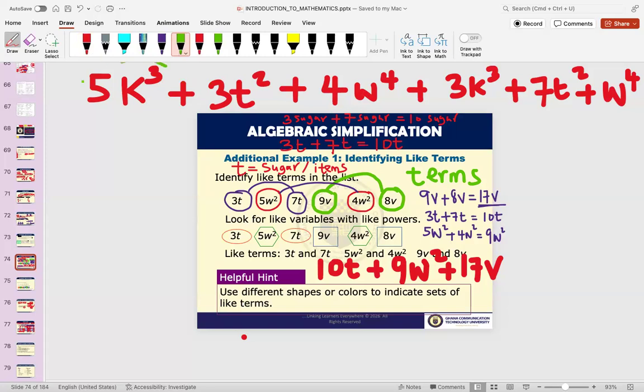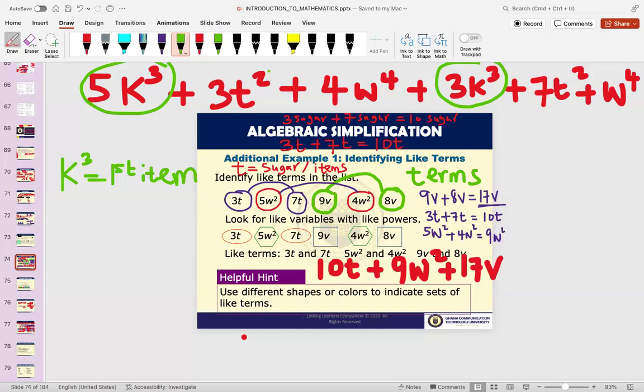If I see 5k cubed and I see 3k cubed, I can see their variables are the same, k cubed. So this k cubed is representing a certain first item. It is not abstract, it is just a representation.